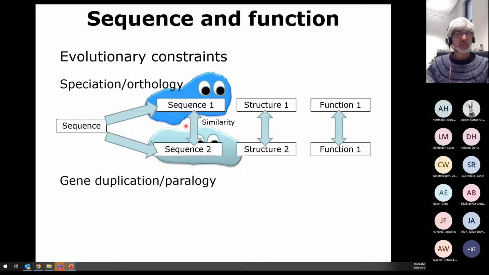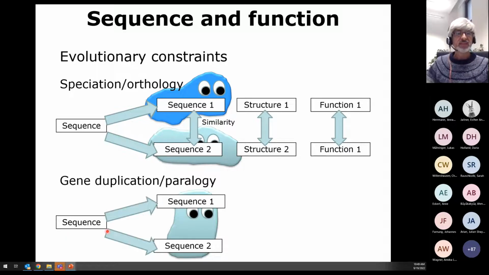The other way we have to generate new copies of a protein is by gene duplication, and this happens inside an organism. Similarly, we have an ancestral sequence, and then inside this organism, the sequence is copied so that, for example, we have the original enzyme, but then we have a second copy of the gene that could be discarded in evolution, or it can evolve to gain, for example, a new enzymatic function, which will be somehow related.